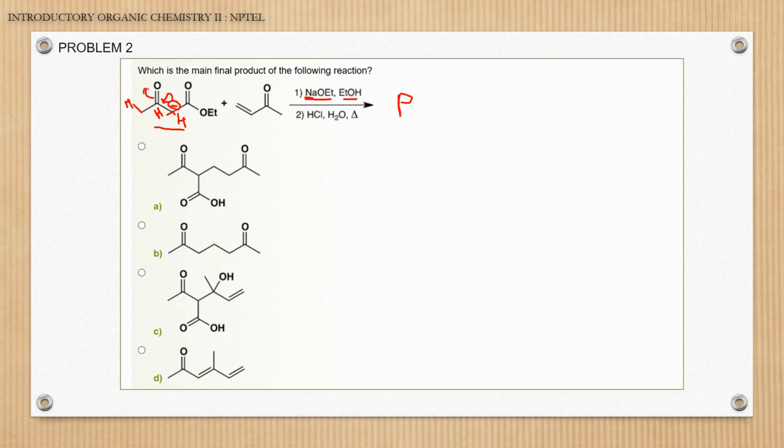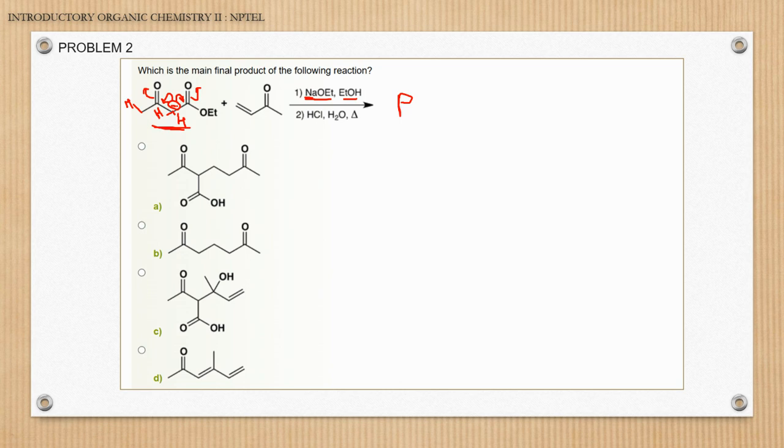The delocalization is there, and similarly it can delocalize here as well, right? So that is why these two hydrogens become very acidic. Okay. So sodium ethoxide first of all will abstract a proton from this side, and a carbanion is generated.